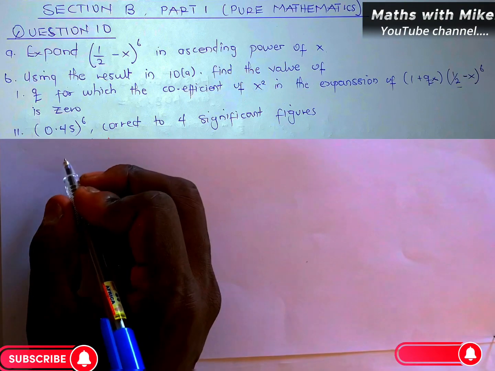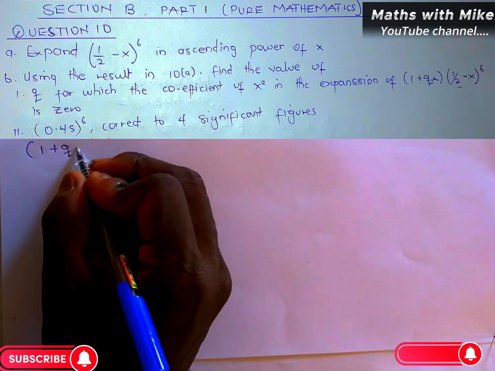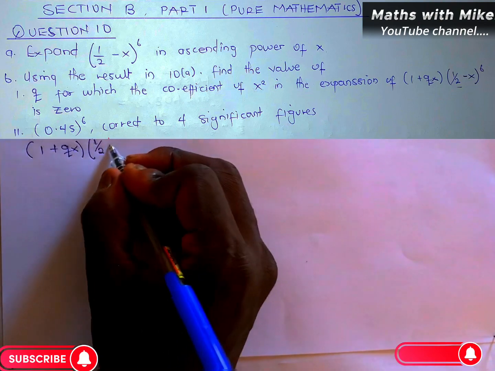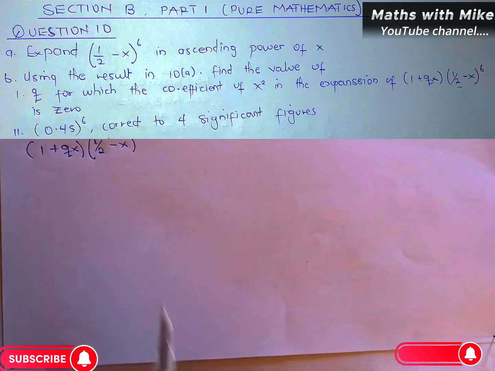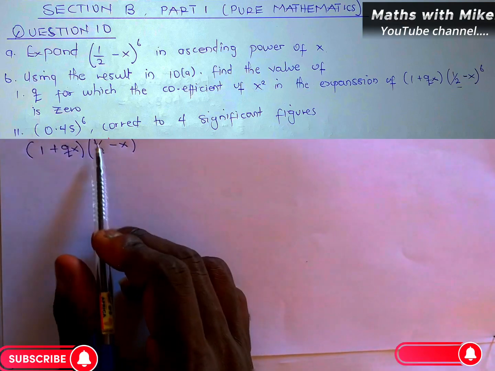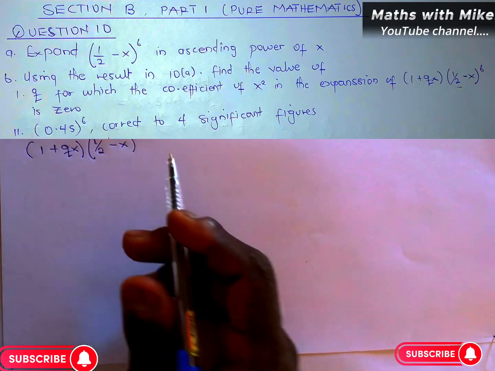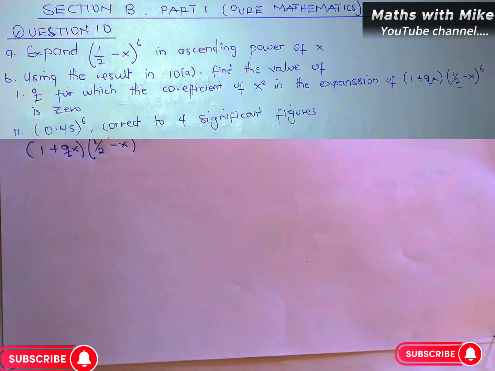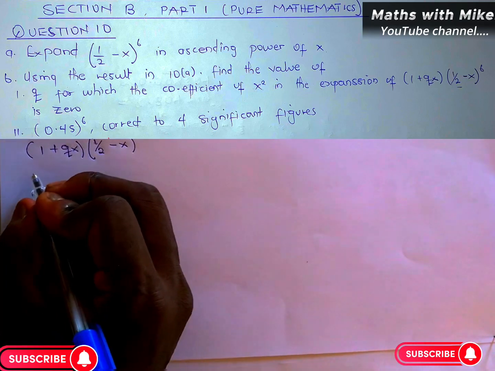Now the expansion was 1 plus qx multiplying 1 over 2 minus x exponent 6. The second factor here, 1 over 2 minus x exponent 6, is the first question we already solved, and we had this answer.